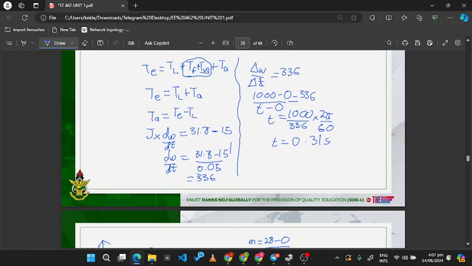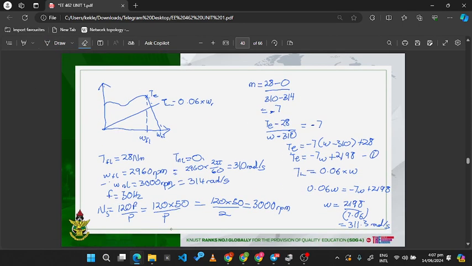Let me check the conversion. We have 311.3. To convert, multiply by 60 over 2 pi. And that gives us 2972 RPM.